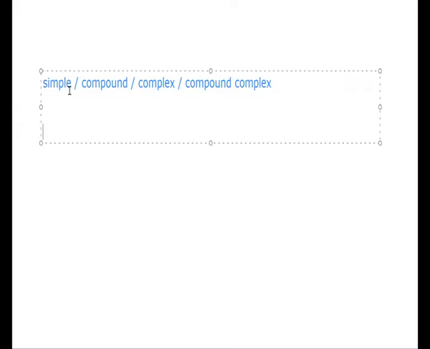Okay, so let me see whether you can make out simple, compound, complex sentences. Look at this one. If he knows, he will help me. What type of sentence is this?